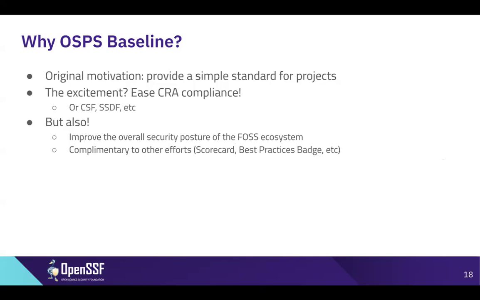A supply chain is a chain, and we all know that the weakest link in a chain is the strength of the chain. And so by improving everyone's security posture, we improve our own and we improve everything that we care about. So many attacks, as Emily alluded to, happen from your dependencies and not a direct attack on the software you're producing.